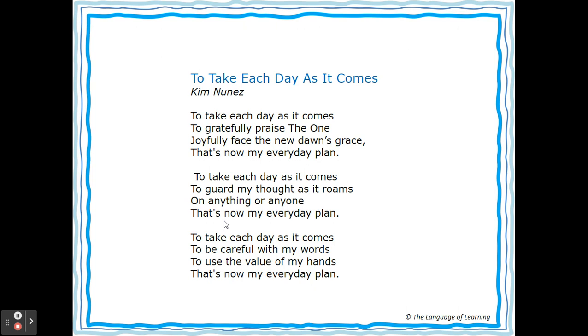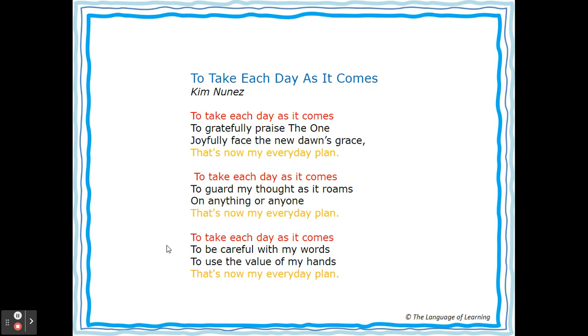So read this poem, Take Each Day as It Comes, and find that repetition and think about why it would be there. Why are we saying the same thing at the beginning and the end of every single stanza? So stanza 1, stanza 2, stanza 3.